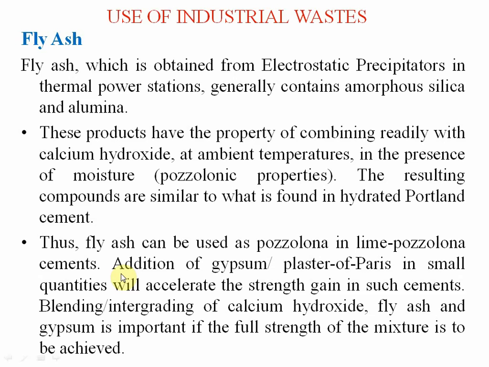Thus fly ash can be used as the pozzolana in lime pozzolanic cements, as I have explained in previous sessions. Addition of gypsum or plaster of Paris in small quantities will accelerate the strength gain in such cements.